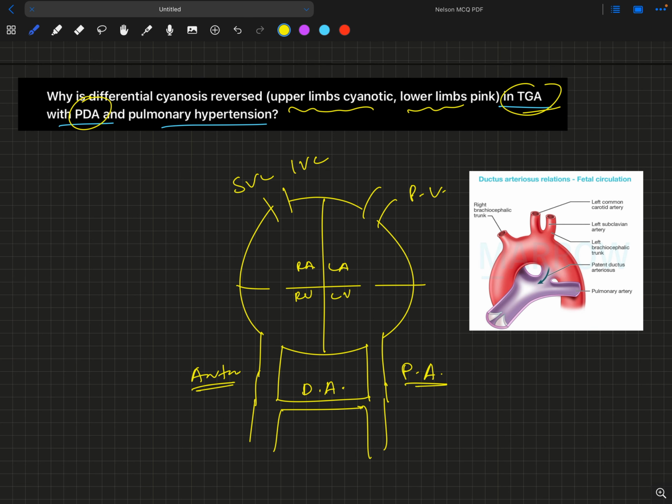So what happens here? In case of TGA, there will be oxygenated blood on the left side, and deoxygenated blood will be on the right side. Parallel circulation is going on.